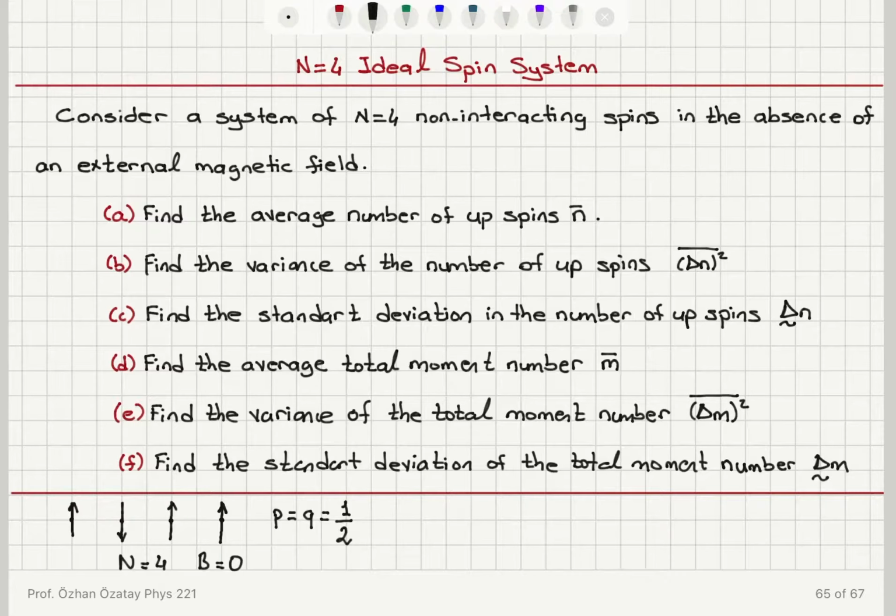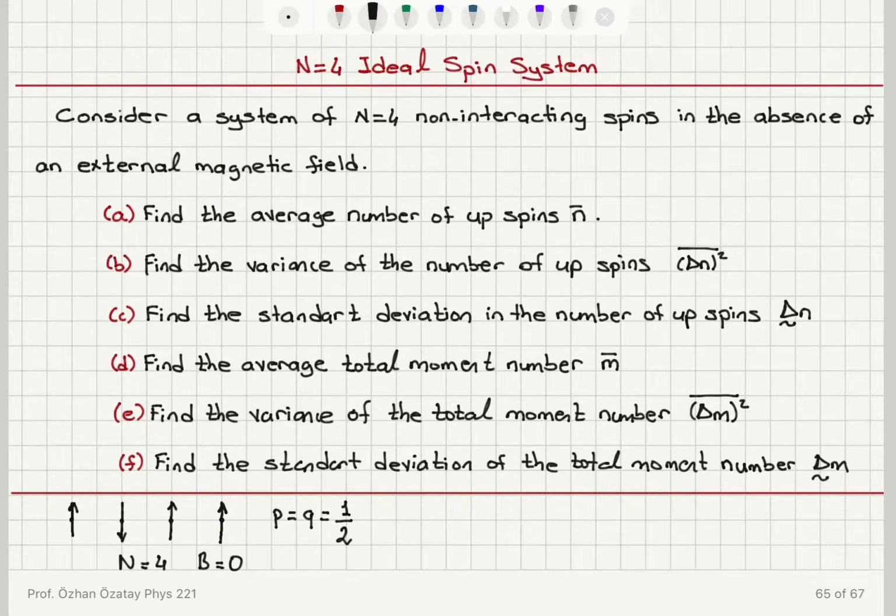Find the average number of up spins, variance of the number of up spins, standard deviation, average total moment number, variance, and standard deviation of the total moment number. In order to answer these questions, as you know, we need to know all the possible scenarios and their corresponding probabilities.